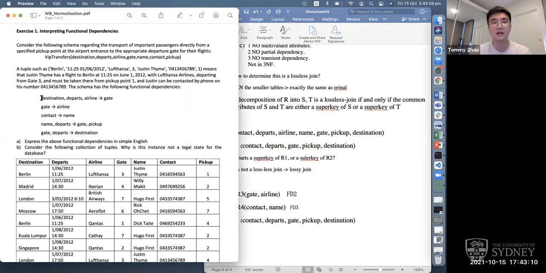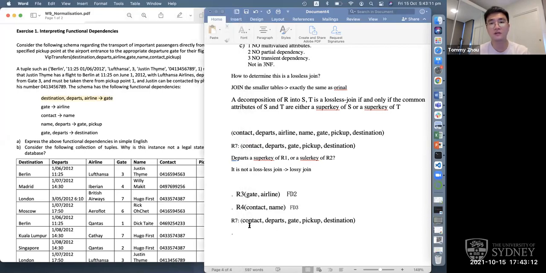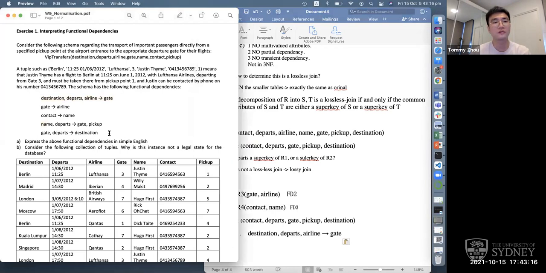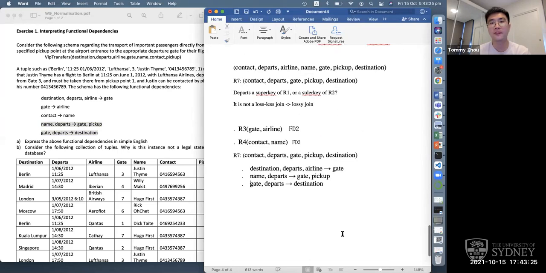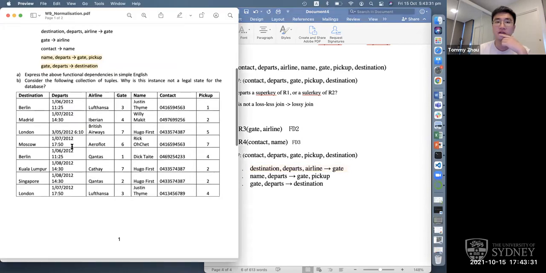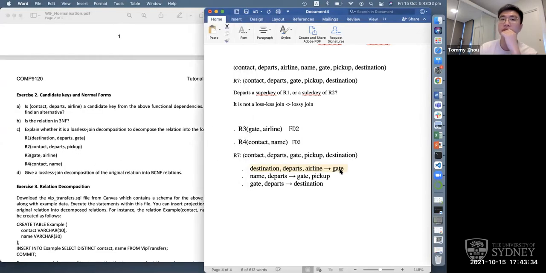The candidate FDs are this one or these two. So which is the one you're going to use? Can we decompose R7 using the first FD? Which one can be employed?